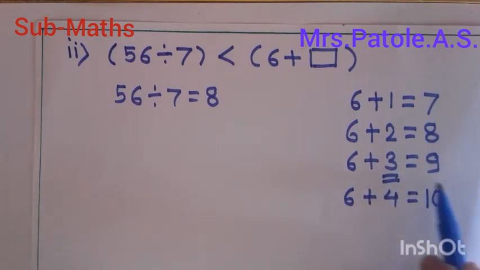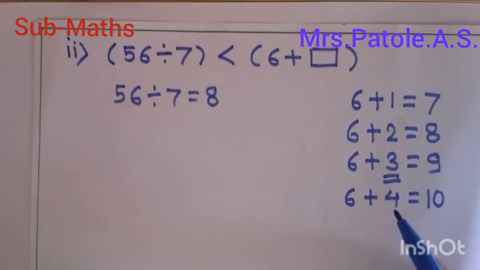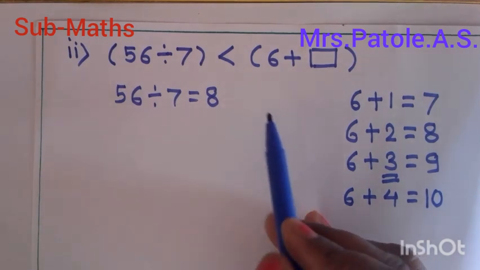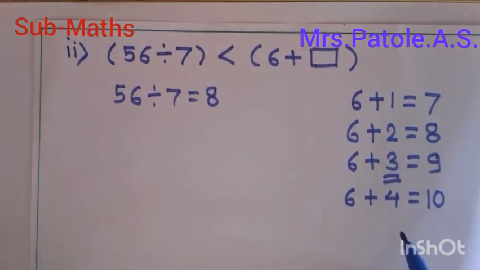This value is also greater than 8. So, here we know that if we put a number greater than 3, that is 4, 5, 6, and so on, the value is greater than 8. So, we can write any number from 3.